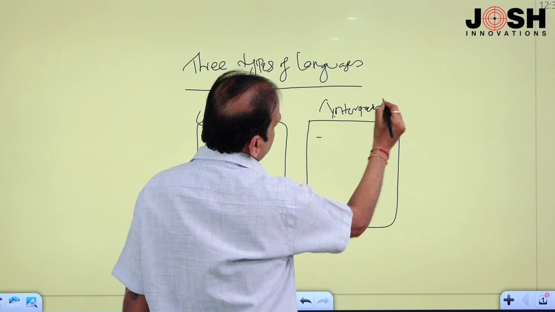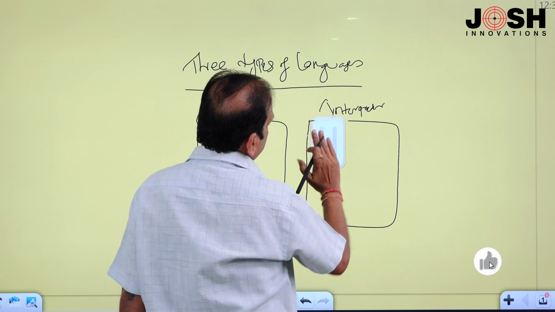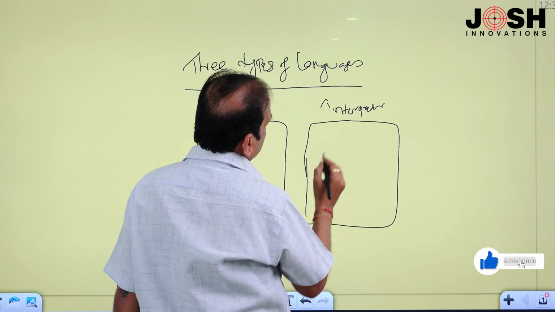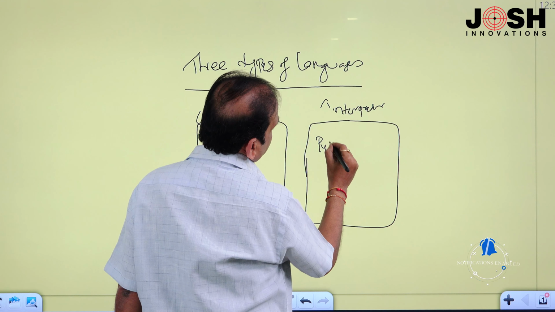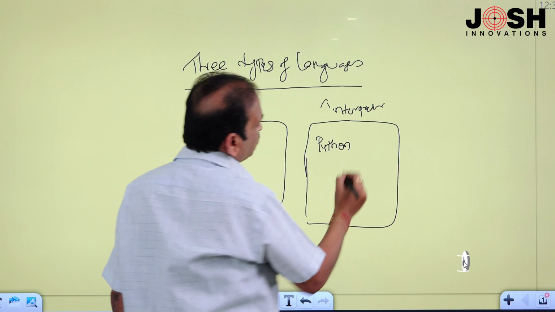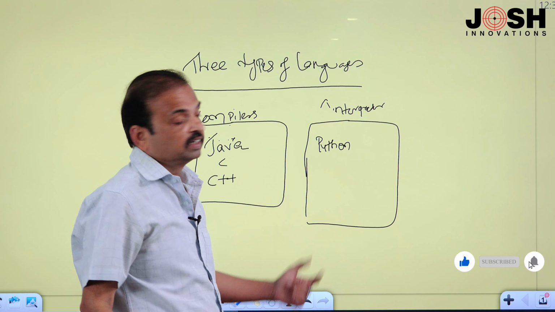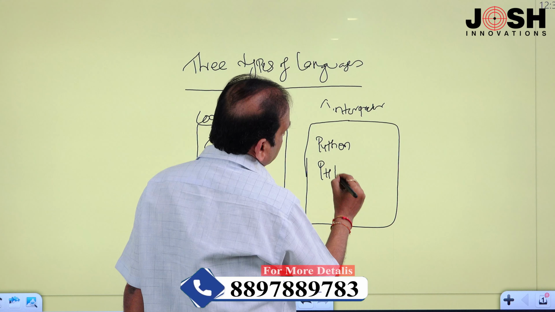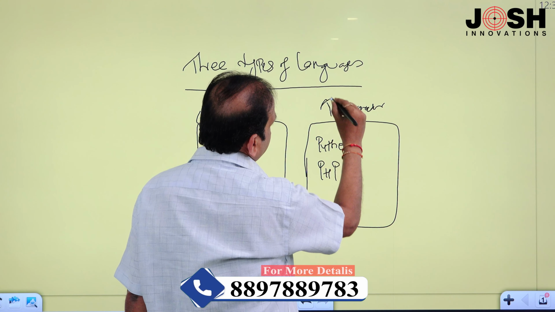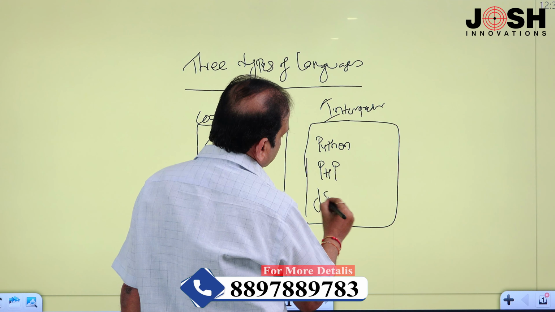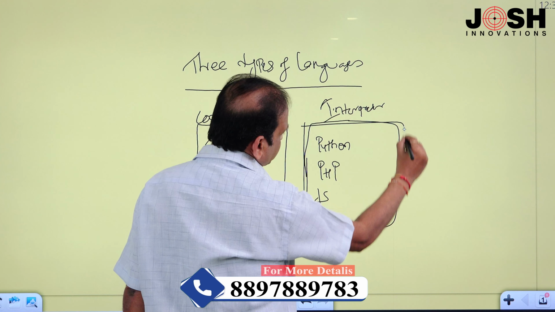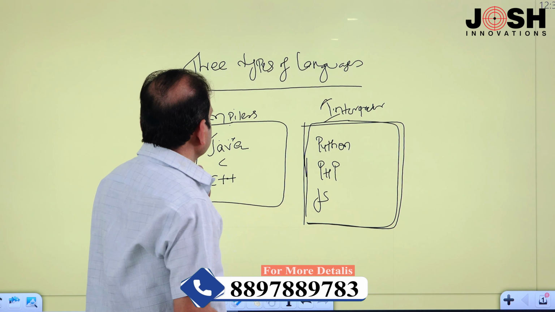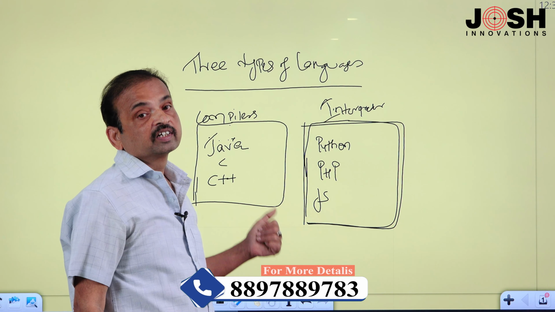Examples of interpreters: Python uses an interpreter to convert from high level to low level. PHP also uses an interpreter, and JavaScript. All these languages use interpreters, whereas Java, C, C++ use compilers.